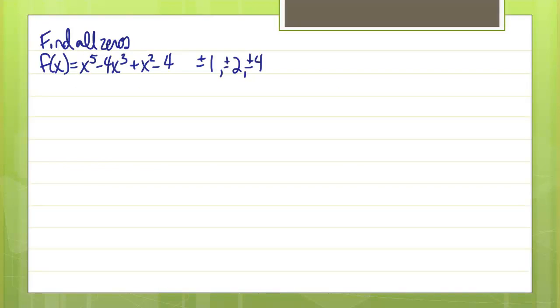Okay, so I got us some more room, and so I'm just going to start trying synthetic substitution. Now remember that I'm going to need a few placeholders in here. So x to the 5th, x to the 4th, x to the 3rd, x squared, x, and our constant. I'm going to start with 1.